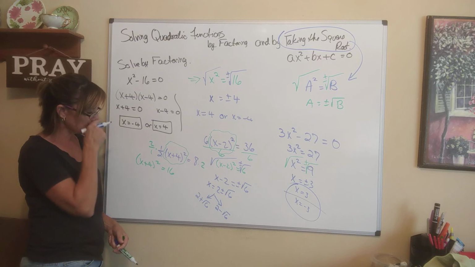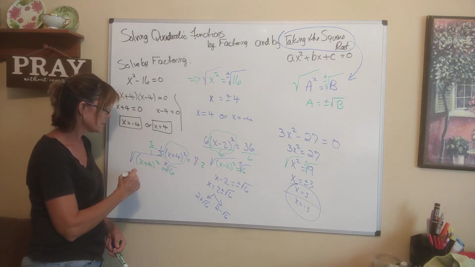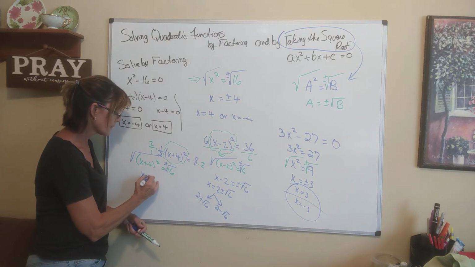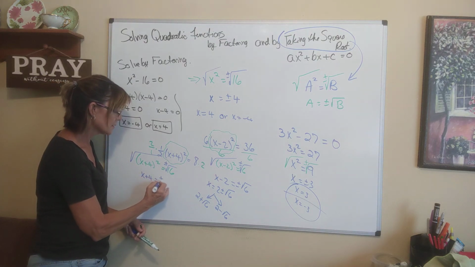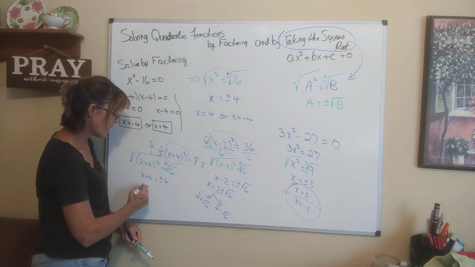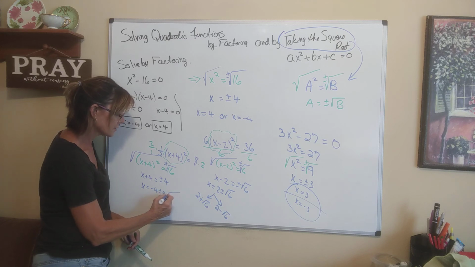Let's take the square root of both sides. The square root of this is plus or minus the square root of this. The square root of something squared is just the something. Plus or minus the square root of 16 is 4. Solve for x by subtracting 4. x is negative 4 plus or minus 4. Here are my two solutions. Negative 4 plus 4 gives me a 0.